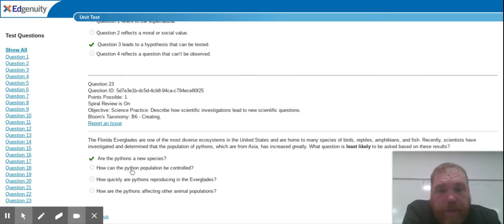And we're still looking for something that goes back to, okay, they studied these pythons in the Everglades. So we know, how can population be controlled? That's a good question. How quickly are they reproducing? That's a good question. How are they affecting other populations? Good question.